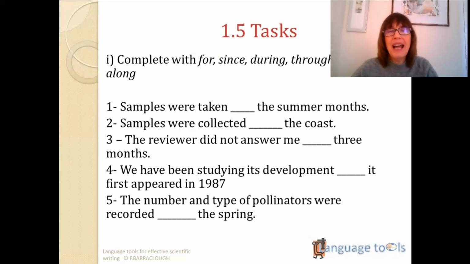Pause the video. You should download the tasks onto your computer and fill them in, okay, and then you can continue with the video to have a look at the official answers, so to speak. So please pause the video.